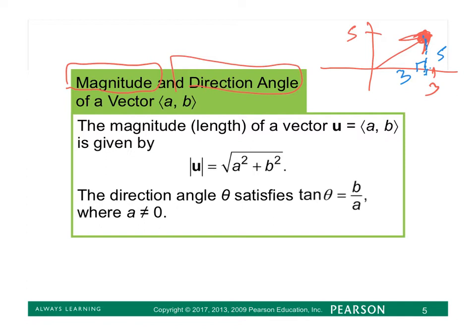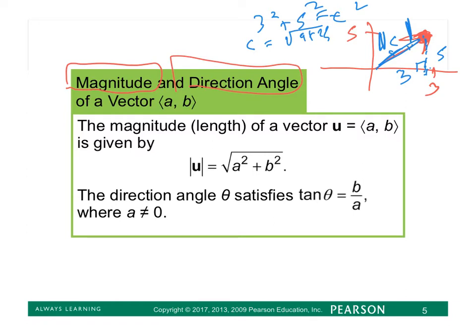So we do know that 3 squared plus 5 squared has to be C squared, whatever I call C. So C has to be the square root of 9 plus 25, just like before. But C is actually a vector, so we use these absolute value symbols to represent that it's a vector, and that's the magnitude of the vector.